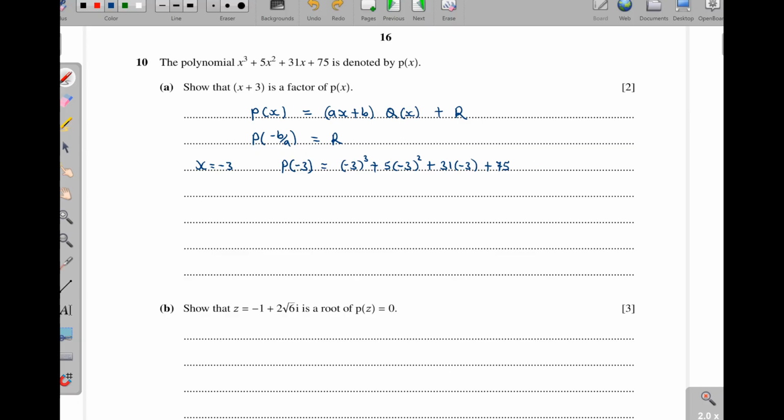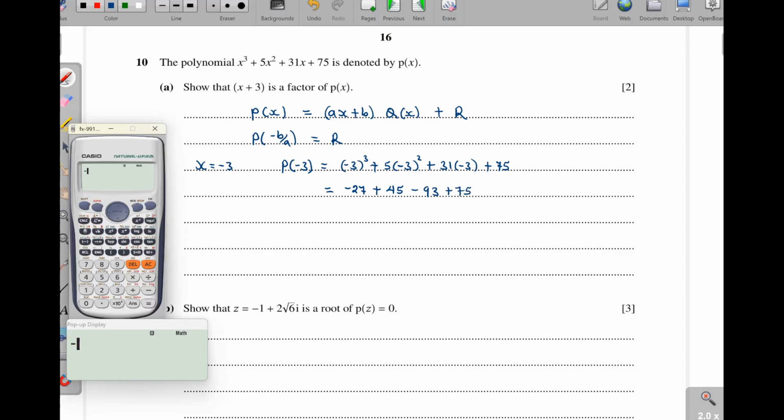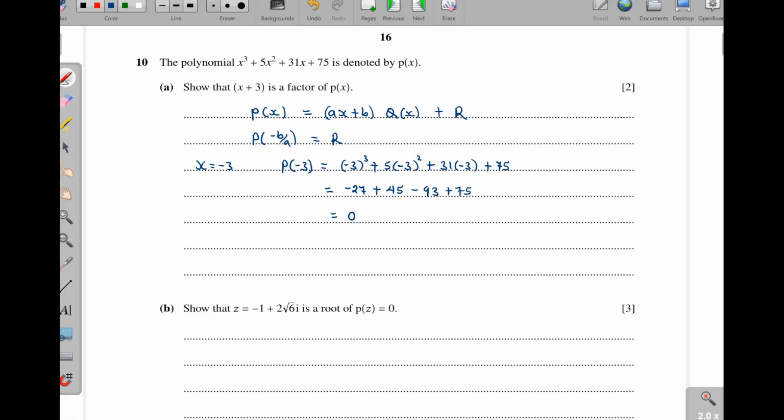We shall have this one as negative 27, then plus 9 times 5, that will be 45, then minus 93, then plus 75. Negative 27 plus 45 minus 93 plus 75, we get a 0. And the remainder has to be the 0. So that is that.